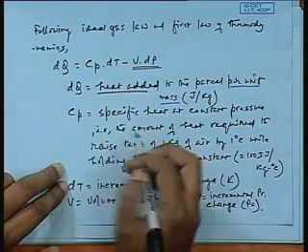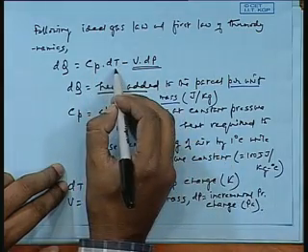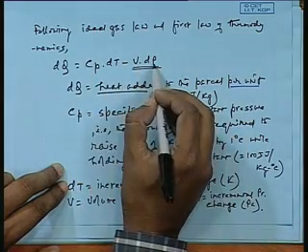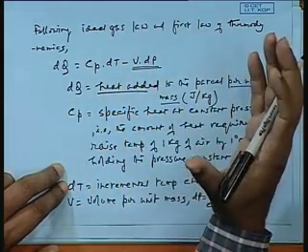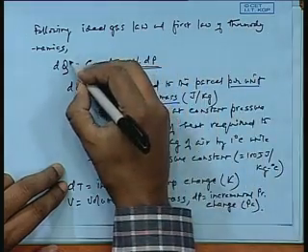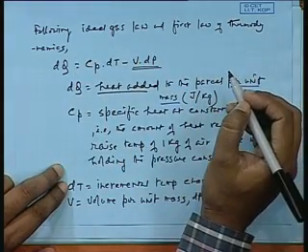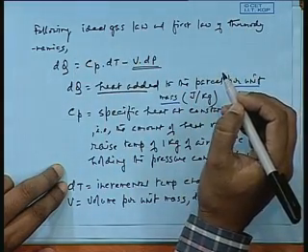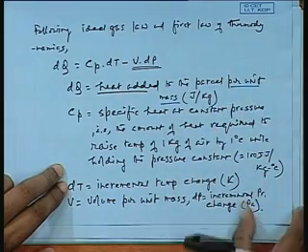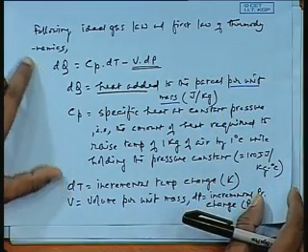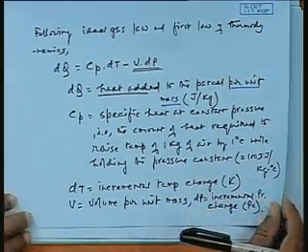Total transfer of heat would be this minus this one; this would be absorbed as work done, and so this would be the net heat added to the process. Okay, net heat added to the process. So, as you can see, this is a perfectly non-adiabatic process.